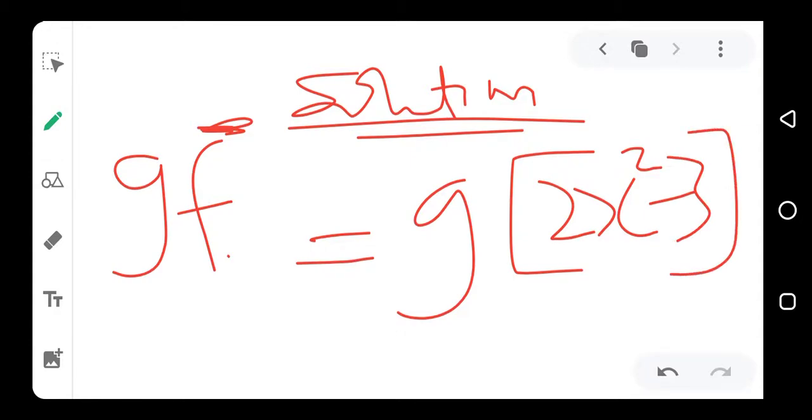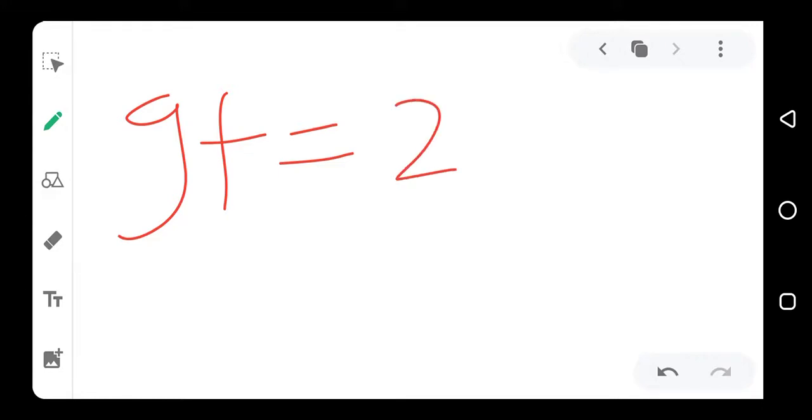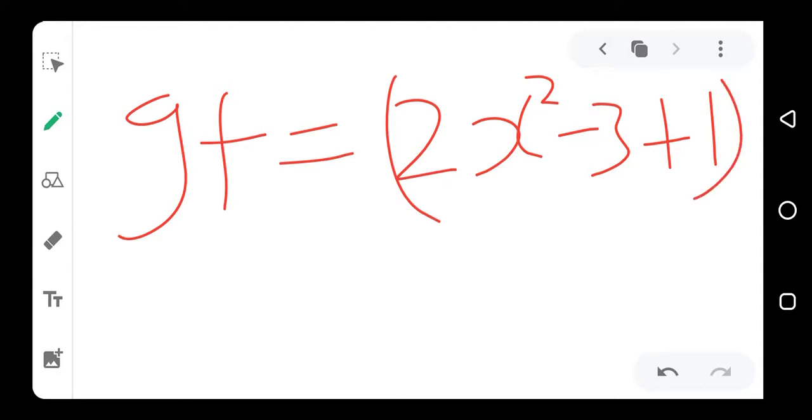Now, gf is now equal to 2x raised to the power 2 minus 3 plus 1.